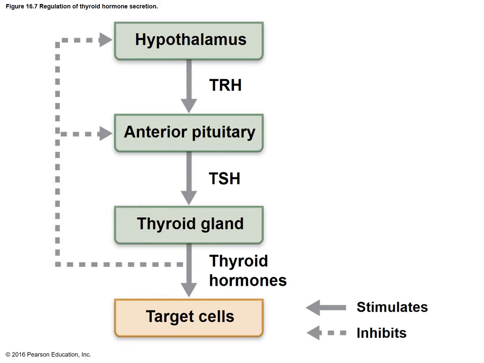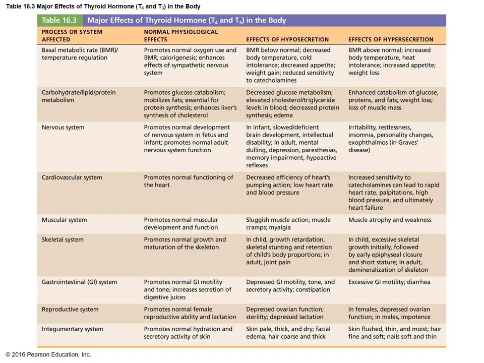You may have multiple steps where one hormone is going to stimulate the release of a second hormone, which is going to stimulate the release of a third hormone. So it's a stepwise process. That regulates and controls how little or how much of the hormone is going to be released, and therefore affects different processes that are occurring within the body.